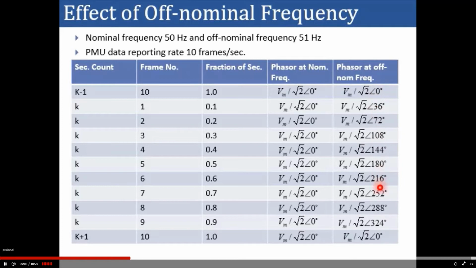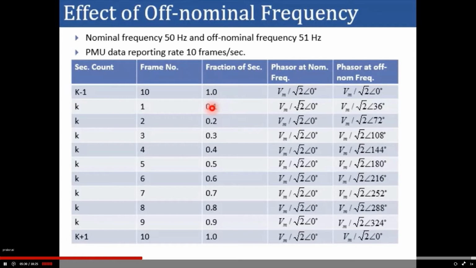Over a period of 1 second, the 51 Hertz signal will again coincide with the phasor value of nominal frequency, but in between it rotates by 360 degree, or 36 degree per frame.